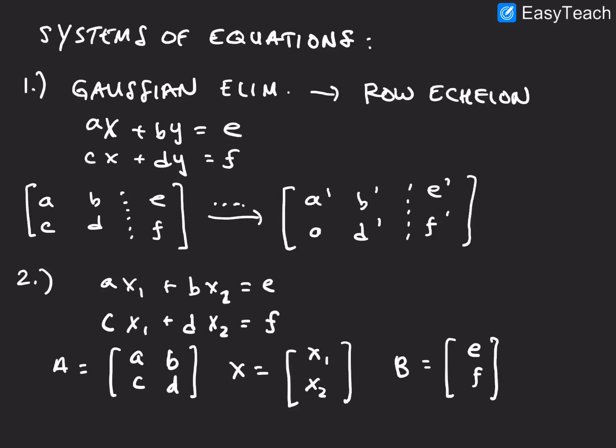And then once we have the matrices A, X, and B, we can say AX is equal to B. And this is kind of important because it's a technique that you use when you're doing proofs.